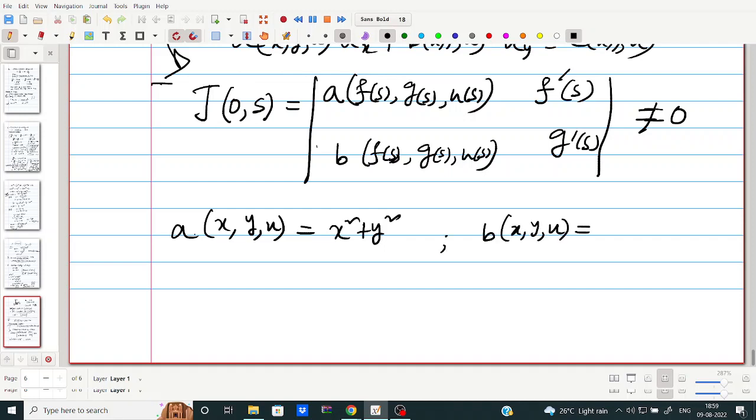And c is not required here, but I wrote c is 4u just. For the computation of this Jacobian, J stands for Jacobian. C is not required. So let me calculate this J.